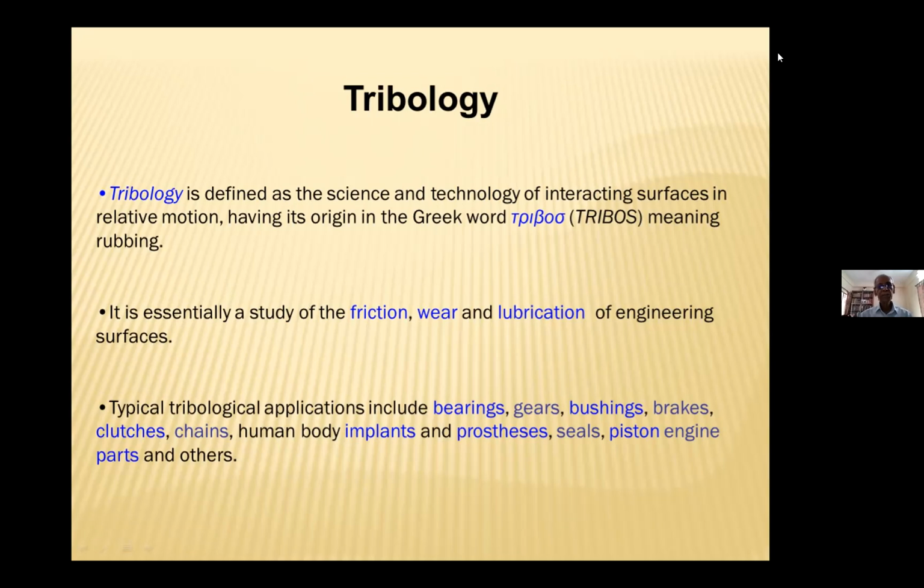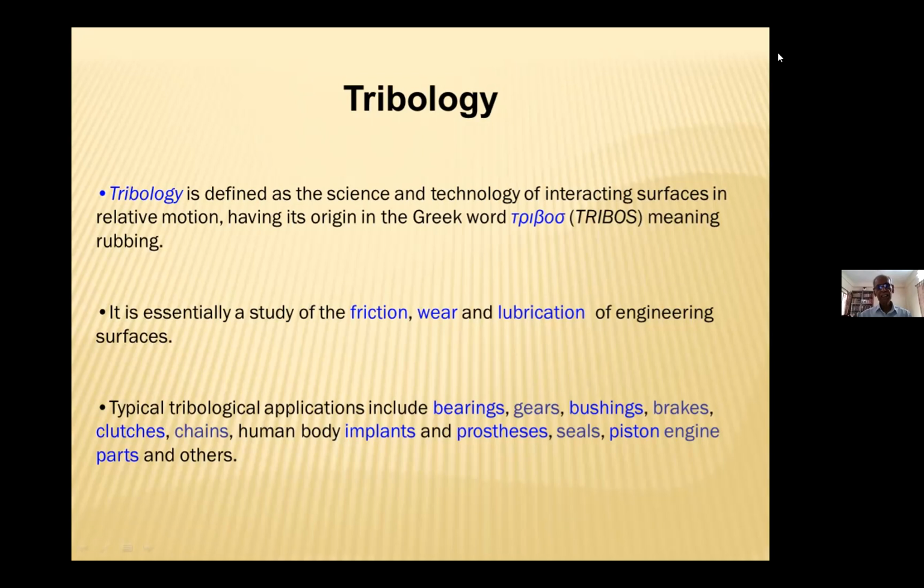And this has been described by a new word, tribology, which comes from the Greek word tribos, meaning rubbing, and logy is the science. So tribology is basically the science of rubbing.